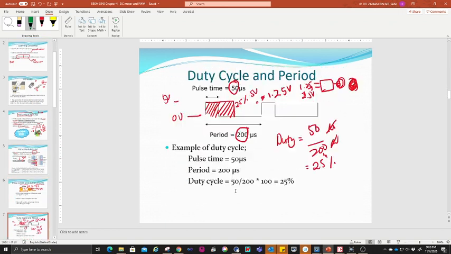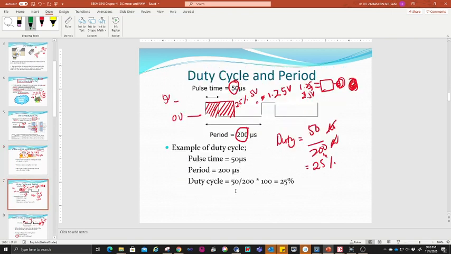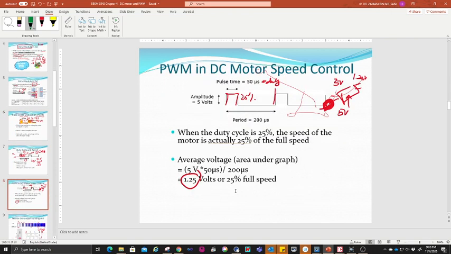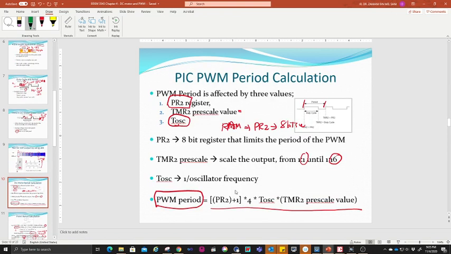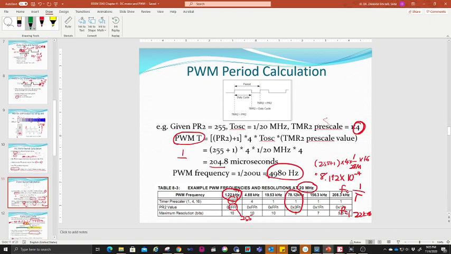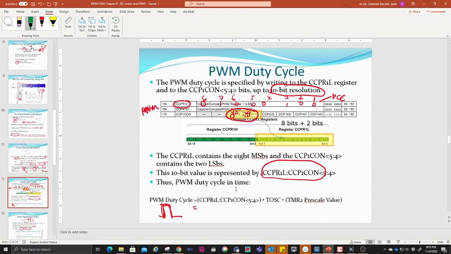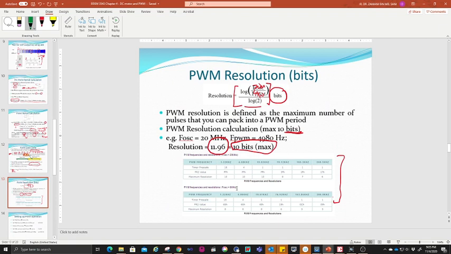Then you have the terms for PWM duty cycles, what the function is and how the PWM controls the speed, and then the simulation on the LEDs, how to calculate all this theory of the PWM, the period calculation, the duty cycles, and the last one is the resolution of the PWM.